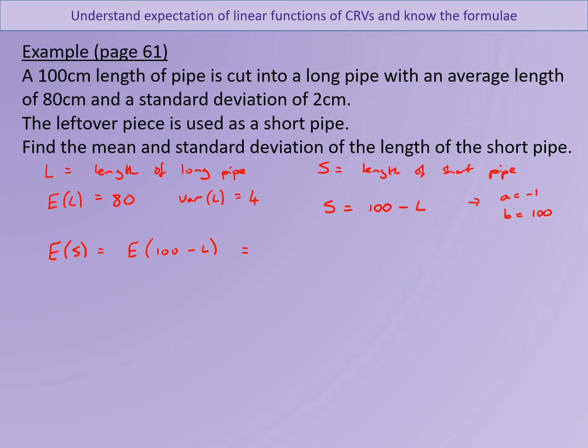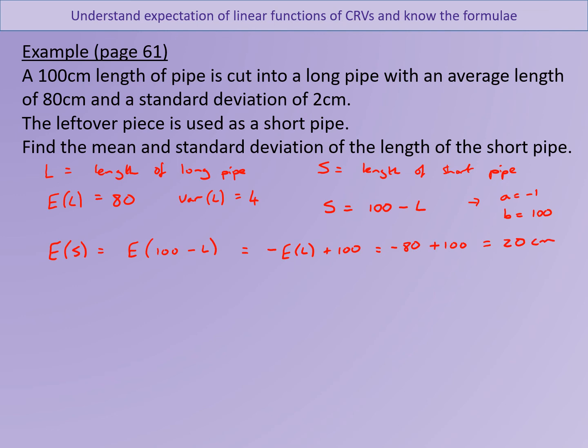So in this case it's going to be minus the expected value of L plus 100. This is going to be minus 80 plus 100, so 20 is the expected value of the length of the short pipe. We need to make sure we give units here, so that's going to be in centimetres.